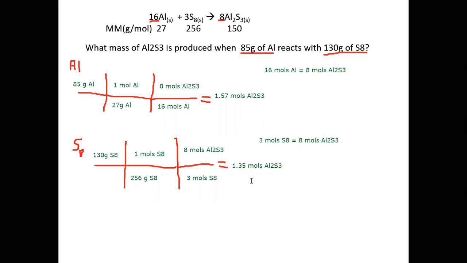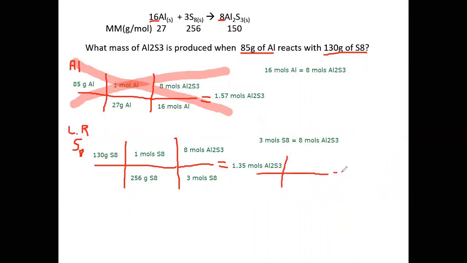And so you see here that sulfur produces the fewer moles of product. So sulfur is our limiting reactant. What that means is that we can disregard aluminum. Aluminum is the excess reactant. So then we're going to convert the moles of aluminum sulfide into mass.